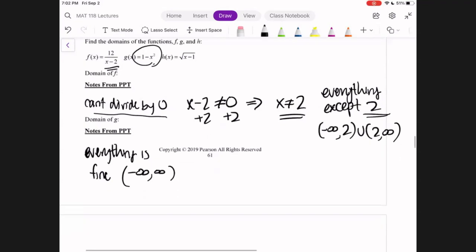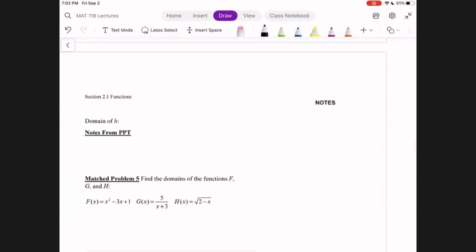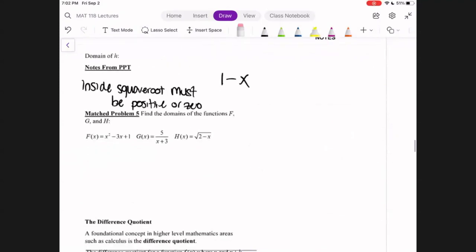And then for H, it is one of the special ones. We kind of did this earlier. You can't take the square root of a negative number. So inside the square root must be positive or 0. So that x minus 1, that's what h is.